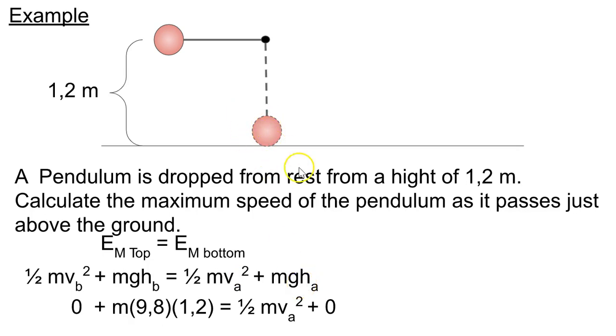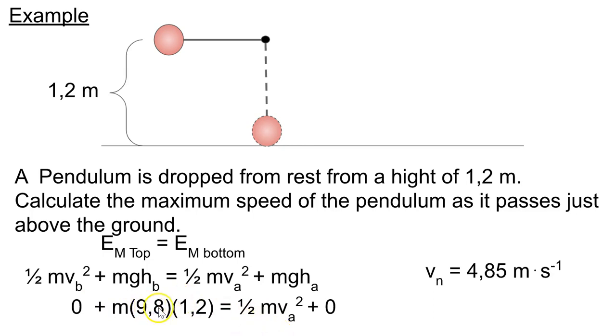My height at the bottom is 0, and that is why my potential energy is 0. Do you see I actually don't need the mass of this pendulum? Why not? Because if you look at this equation, ignoring the two zeros, can you see I can actually divide both sides by m? You see? Because it appears on both sides of the equation.